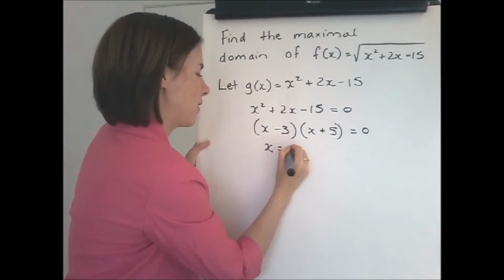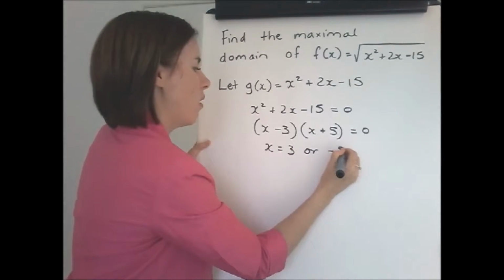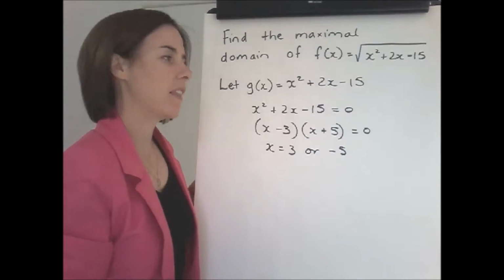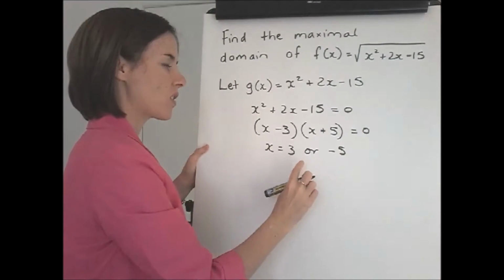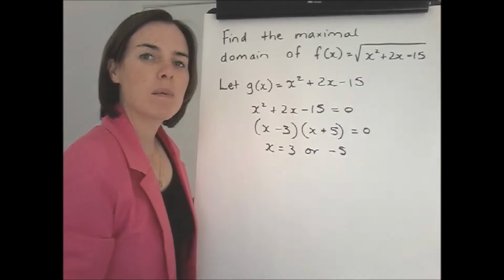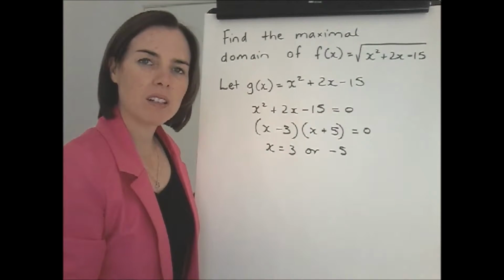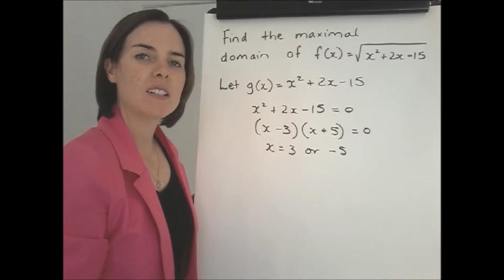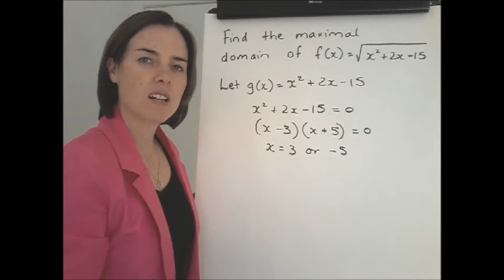So solve, x is 3 or negative 5. They're the values where g of x is 0. So f of x is defined at these points, but we now need to look in between those points to find other values as well. And to do this, I'm going to draw a sign diagram.